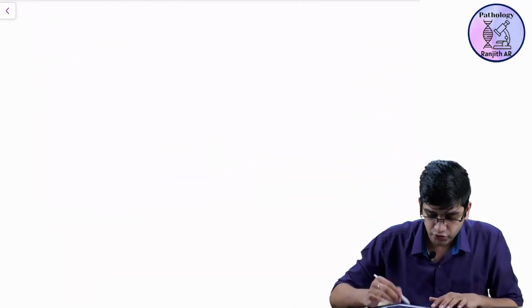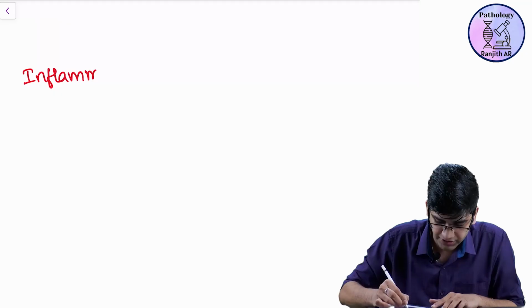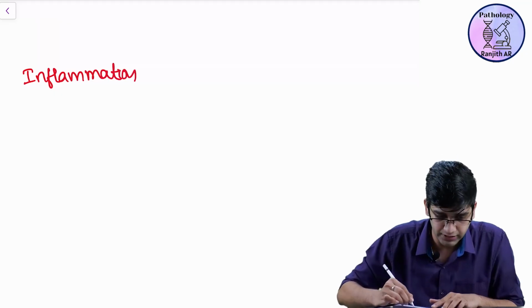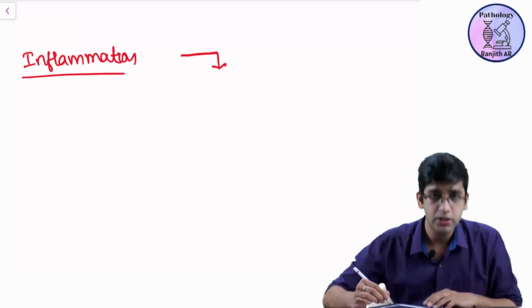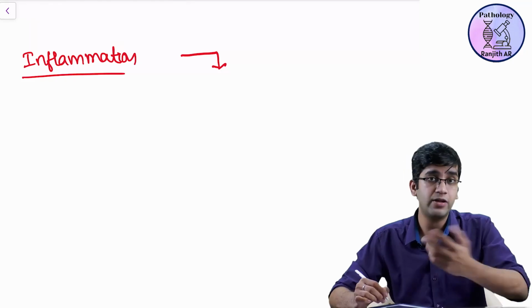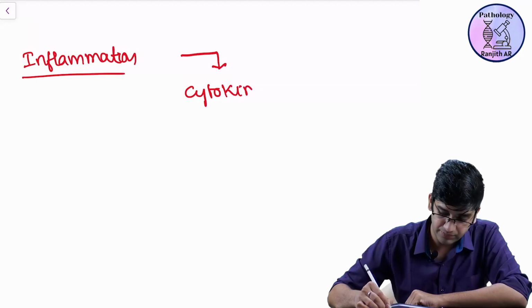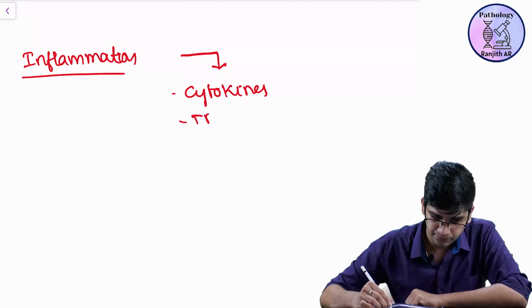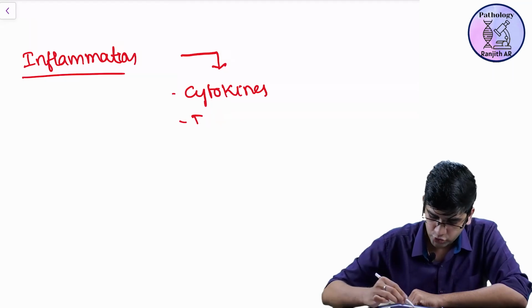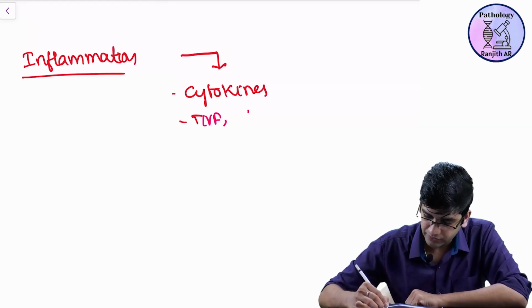So the first thing is, I'm going to have an inflammation here. We took the streptococcus as an example here. We'll have some inflammation or injury. From this injury, the microbes will release a few inflammatory cytokines. We'll have TNF, tumor necrosis factor, one of the important ones, and we'll have chemokines.